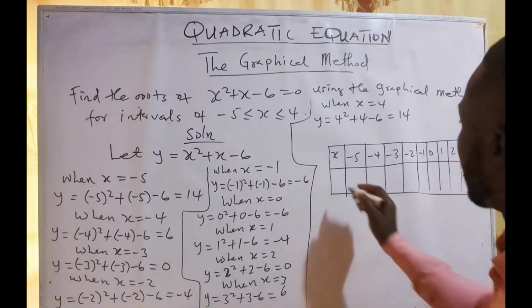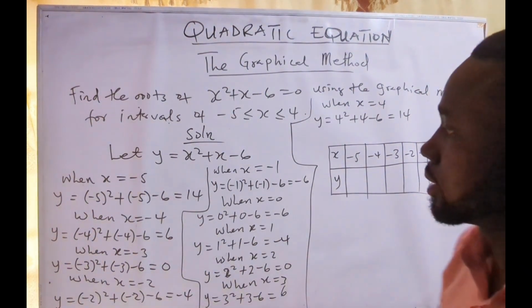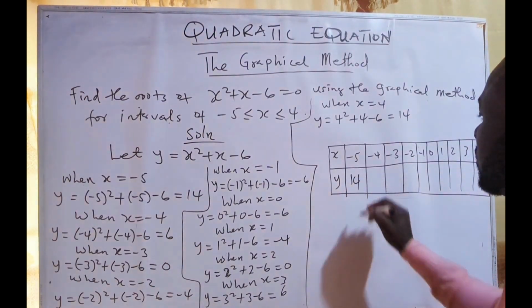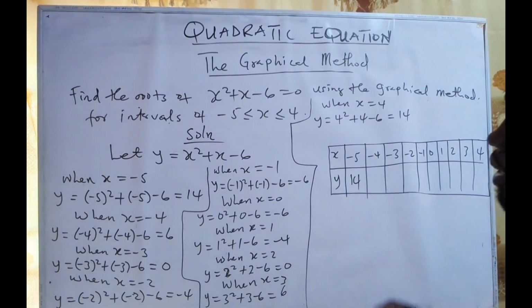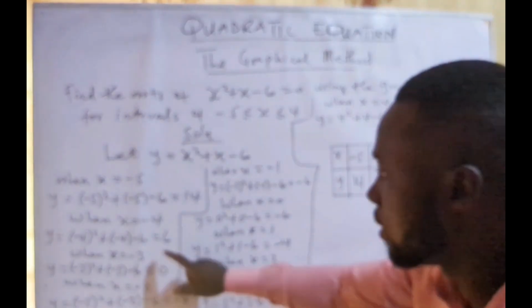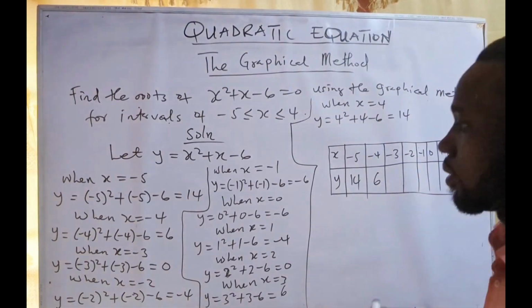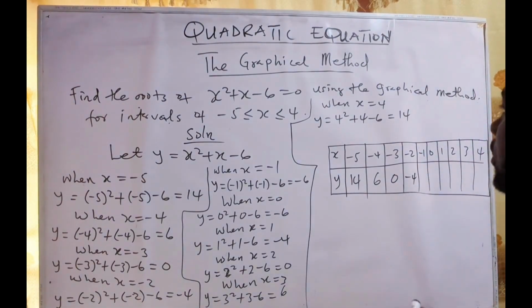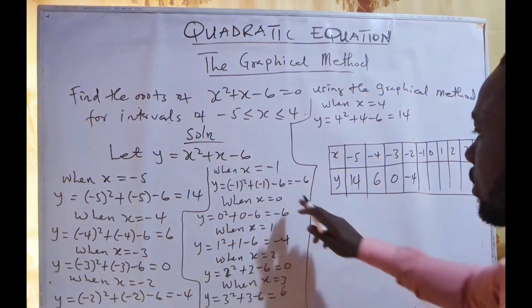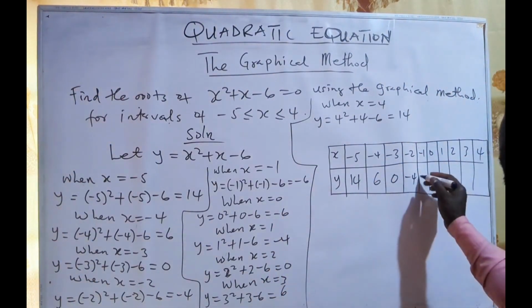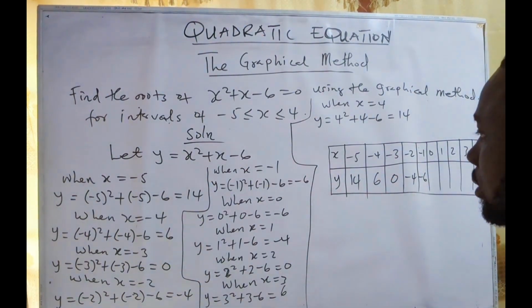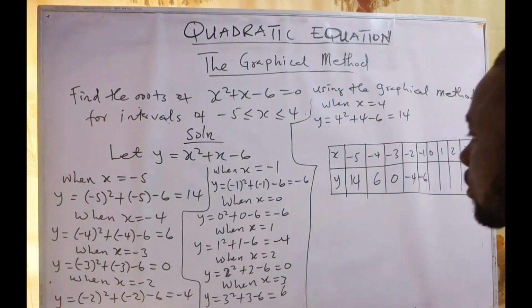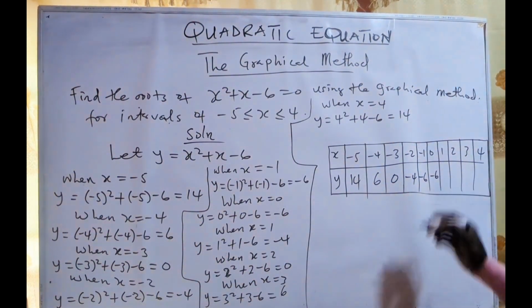Alright, then our y values. When x is negative 5, y was 14. When x is negative 4, y was 6. When x is negative 3, y was 0. X is negative 2, y gave us negative 4. X is negative 1, y gave us negative 6. X is 0, y gave us negative 6.